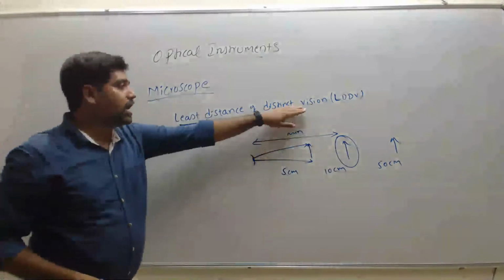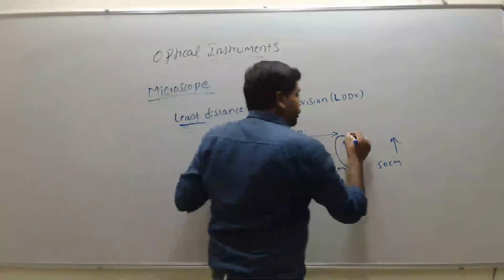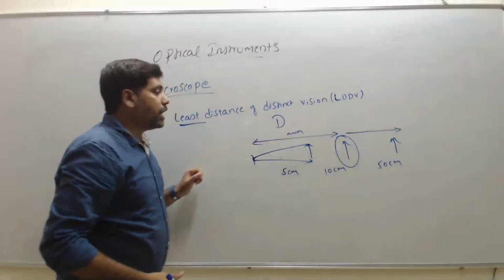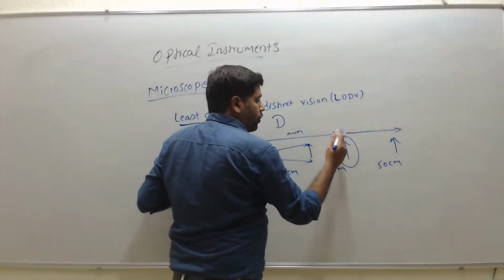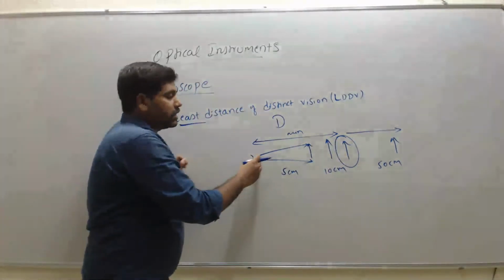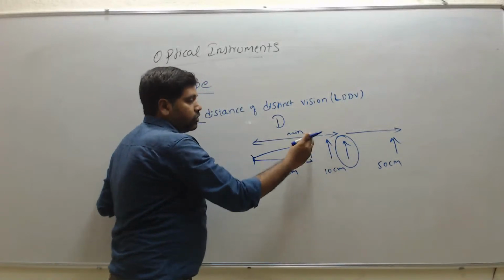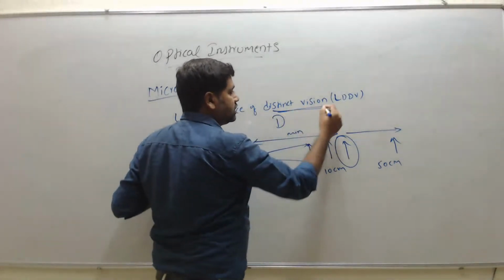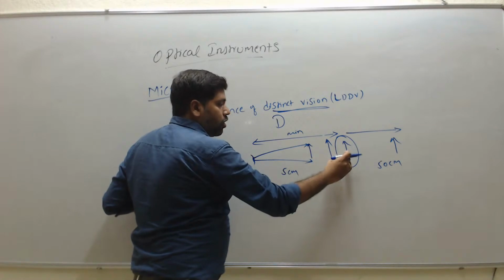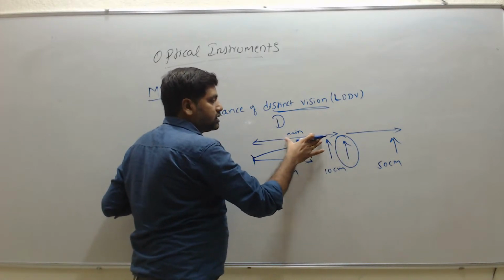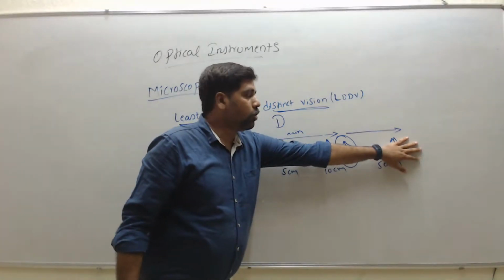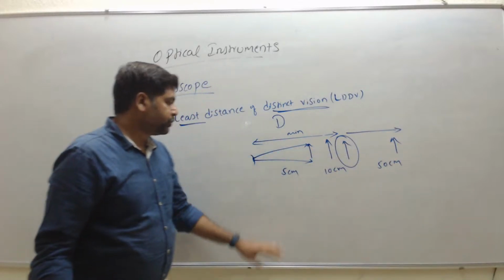That is the minimum distance at which the observer can see the object without strain. Beyond the minimum distance, you can see the object clearly without any strain.